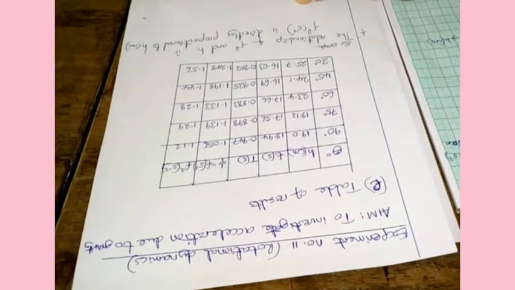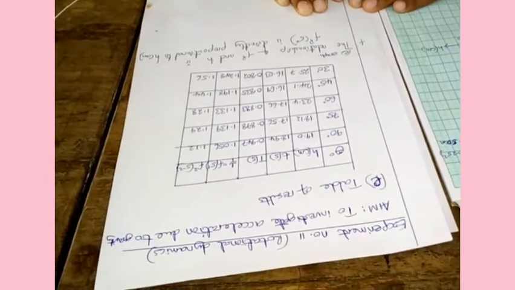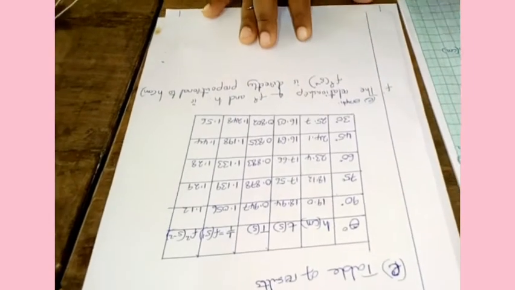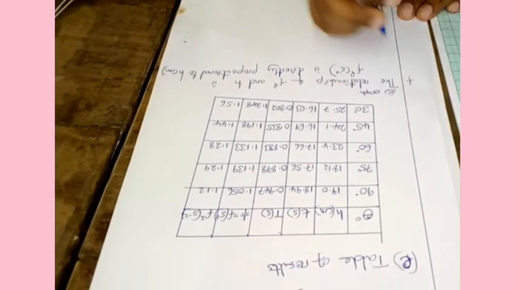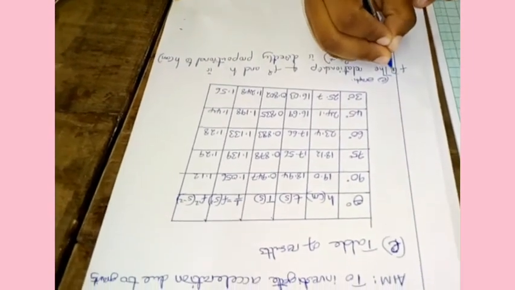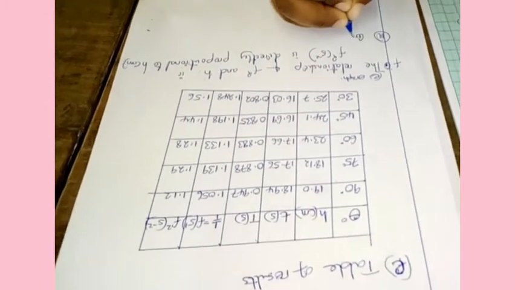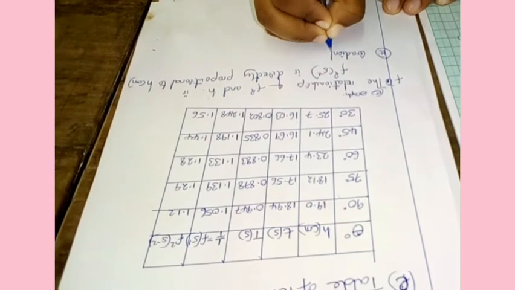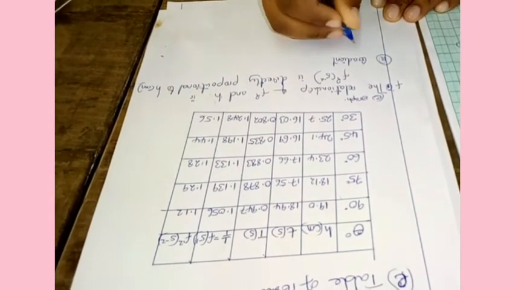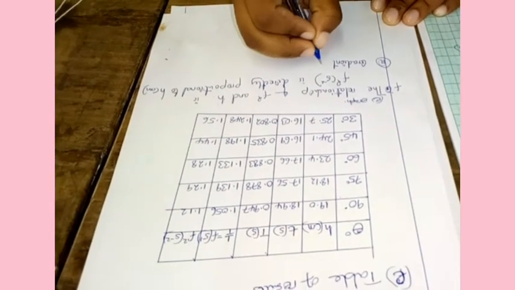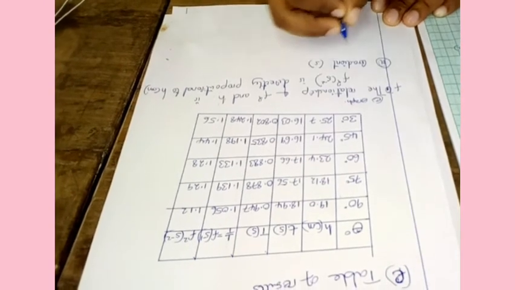Then baada hapo tumeambiwa find the gradient of the graph. Kutokana na graph yetu tunaweza kutafuta gradient. This was Roman 3, find the gradient. From the graph tunatafuta gradient ambayo ni the same as slope. Nitaiita s.